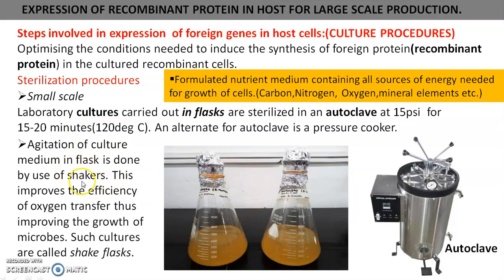So we have devices called shakers to provide proper agitation, and that improves the efficiency of oxygen transfer to each and every area of the media, so that cells have enough supply of all the necessary materials for their growth. Such cultures are called shake flasks. That means you are culturing them in a flask and you are using a shaker to agitate them. So such cultures are called shake flask cultures, which is generally done on a small scale for laboratory cultures.